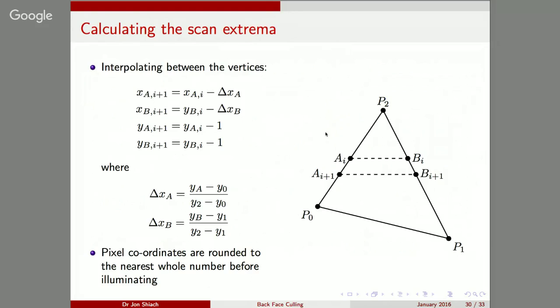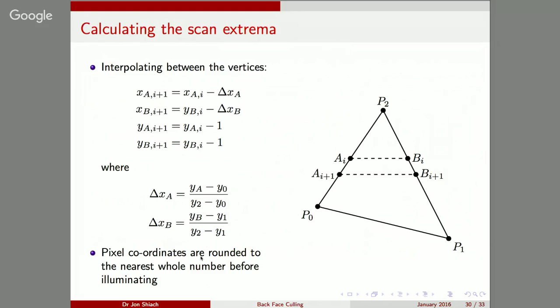For your x coordinate, in this case we've gone to the left a bit, and in this case we've gone to the right a bit. You simply subtract some delta x_A and delta x_B, which will be constants. The constant is essentially the gradient. Delta x_A and delta x_B are constant all along that edge, so all we're doing is subtracting some number each time.